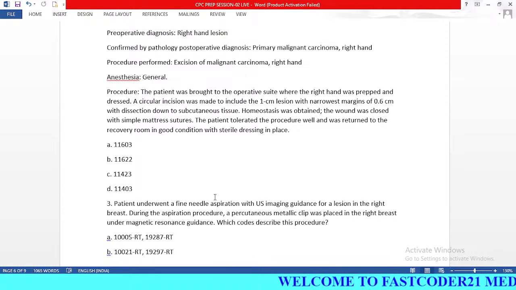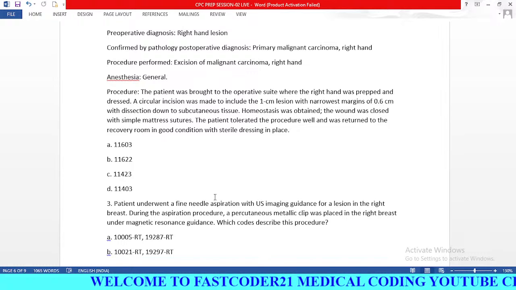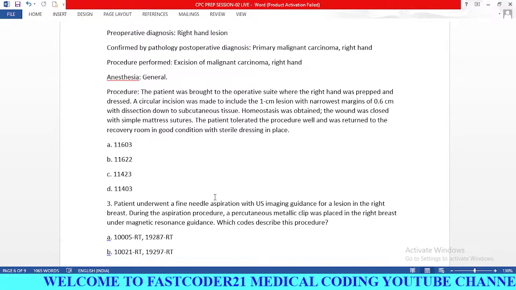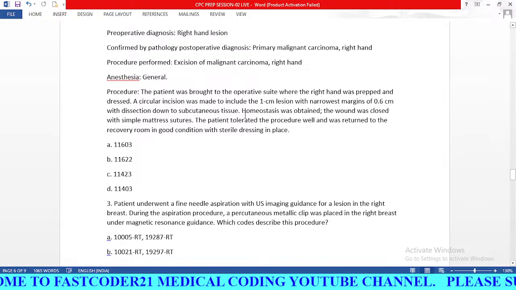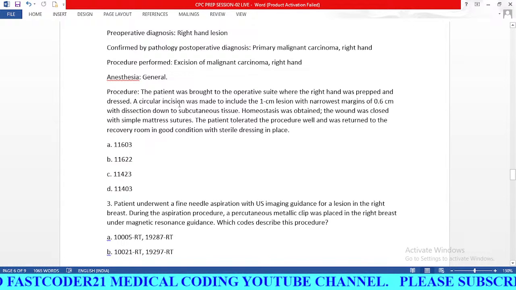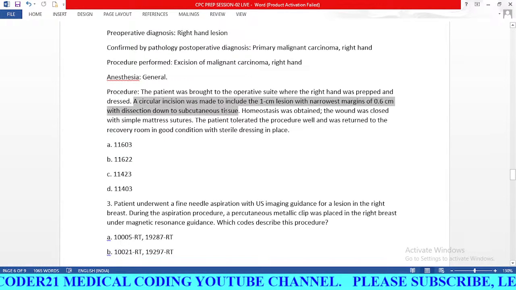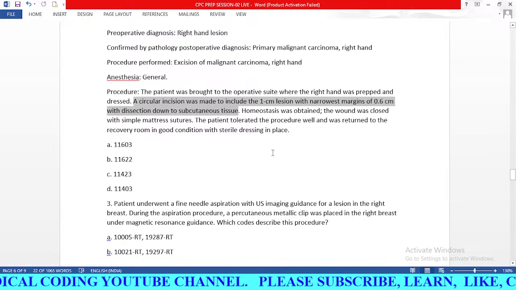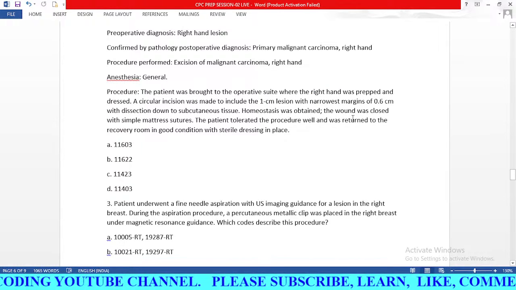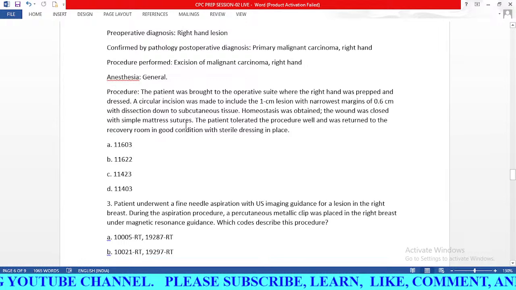A circular incision was made to include the 1 centimeter lesion with narrowest margins of 0.6 cm with dissection down to subcutaneous tissues. The remaining is not necessary; this is the important point we need to understand. Hemostasis was obtained. The wound was closed with simple mattress sutures.